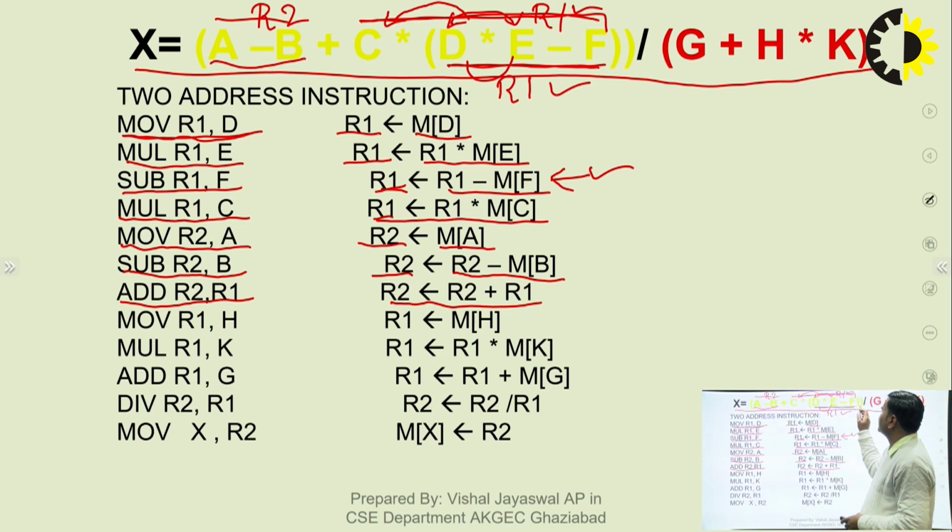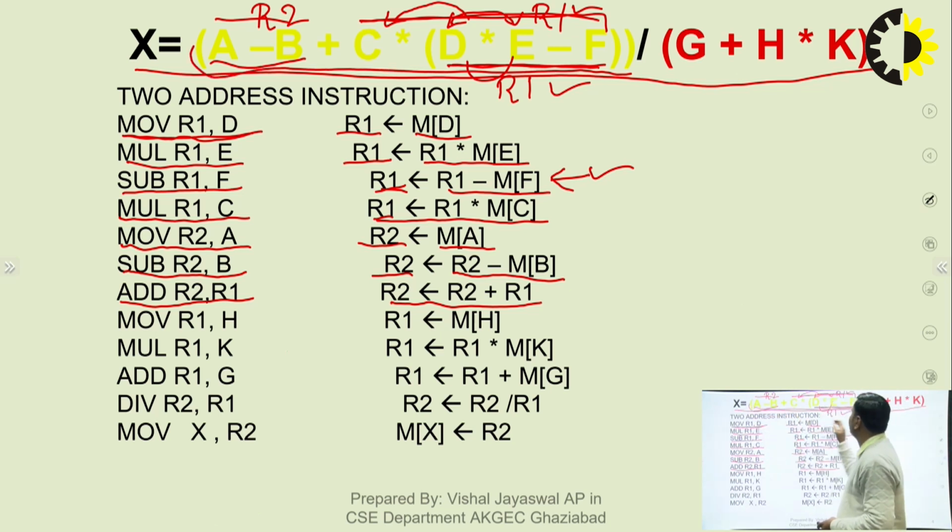So this whole numerator is solved and the result is in R2 register. Our R1 register is free, so we can use R1 in solving the denominator part.